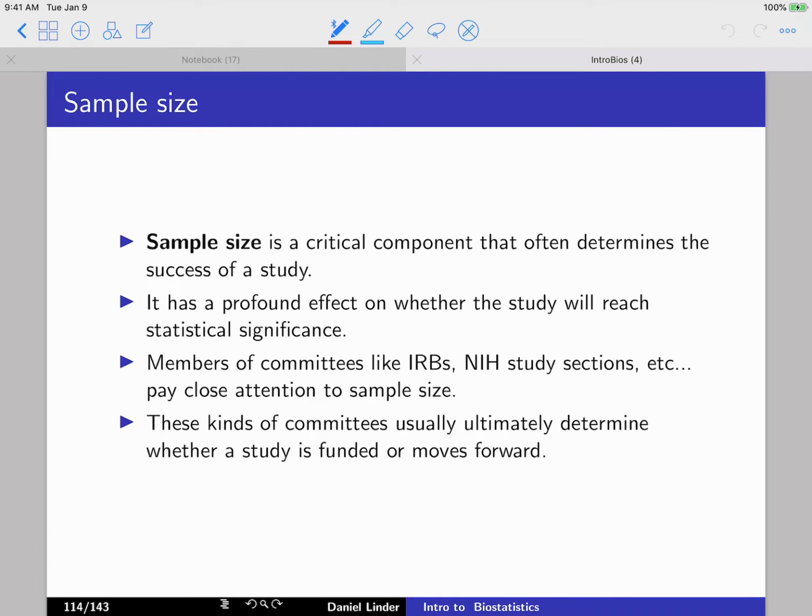And members of committees like IRBs, study sections, etc., are going to pay close attention to sample size calculations and how those calculations are performed anytime you propose a study. These kinds of committees are usually going to ultimately determine whether or not a study is funded, for instance, if it's NIH, or whether the study can move forward if it's the IRB.